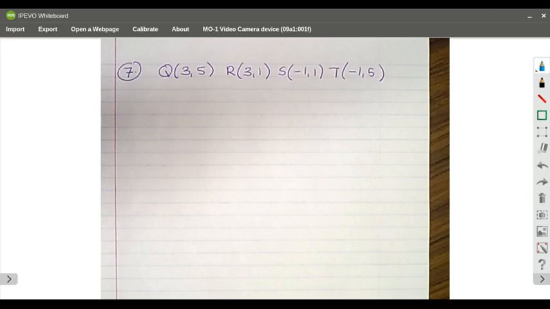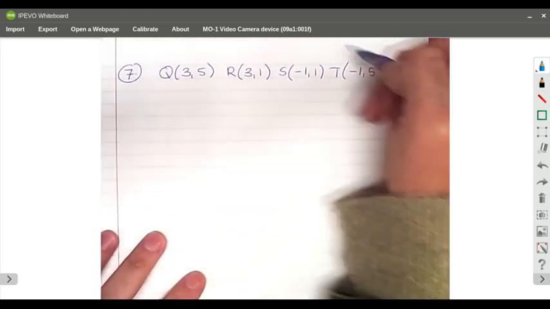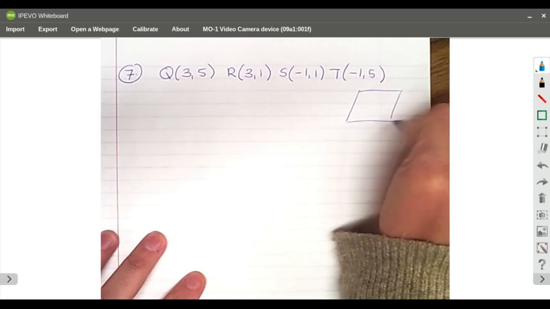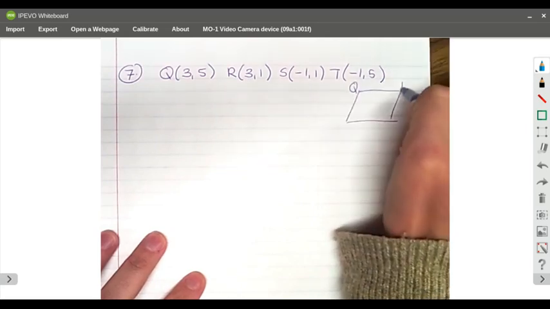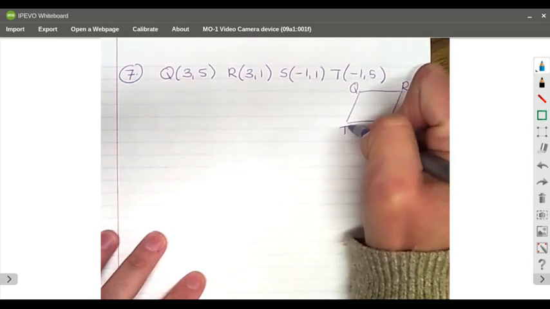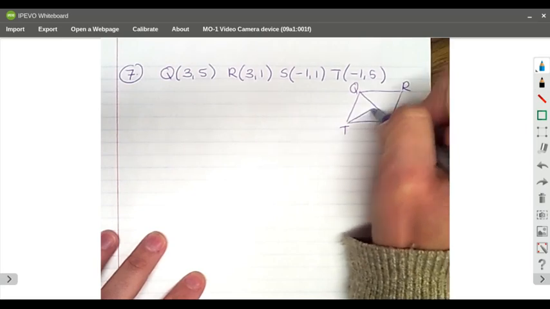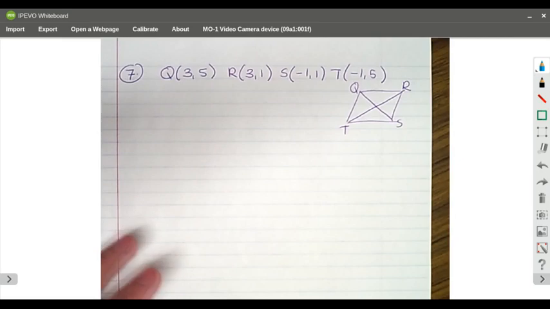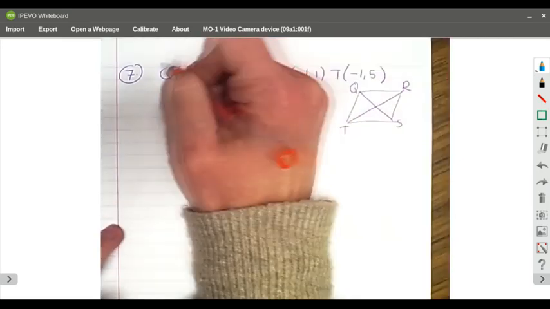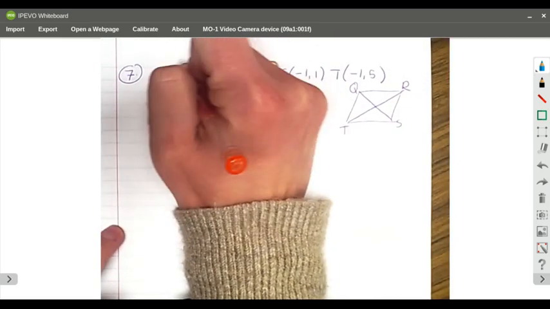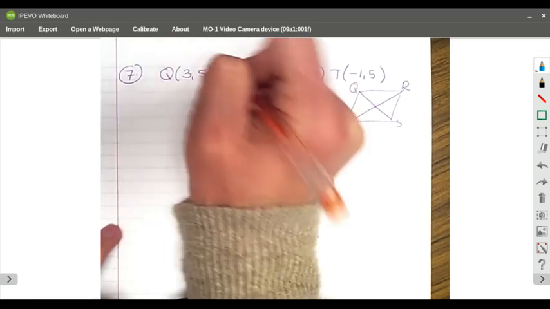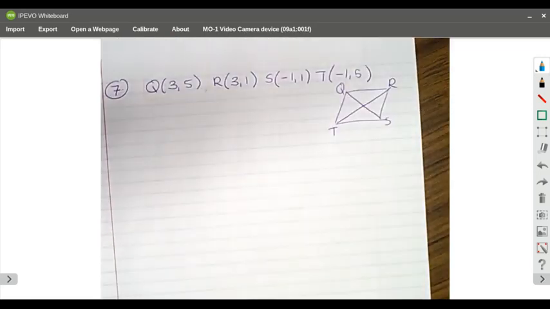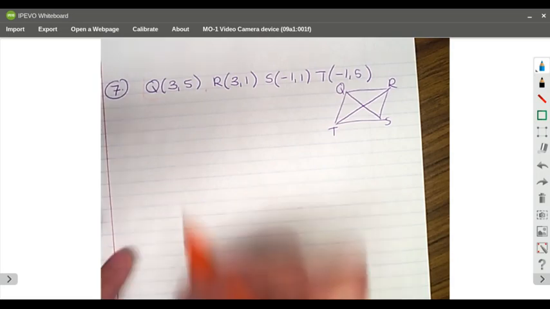So my suggestion is always to first sketch a quadrilateral and label it. The reason for this is so you can see which ones the diagonals are. So QS and RT. Most of you have probably figured out by now that it's every other point that go together.